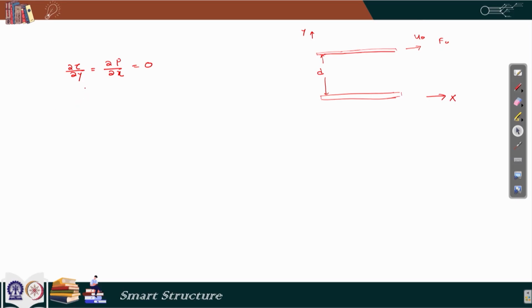So, the boundary conditions are: at y equal to 0, u is 0, and at y equal to d, the upper plate, u is equal to u0, the velocity at which the upper plate is moving. So, again we solve it under two conditions. One is 0 applied field.